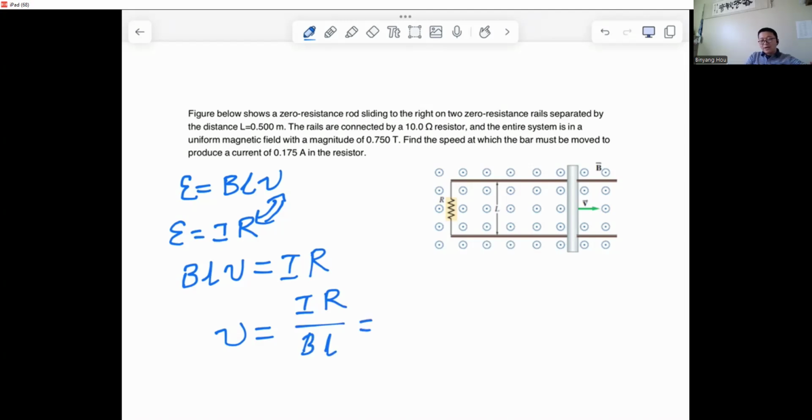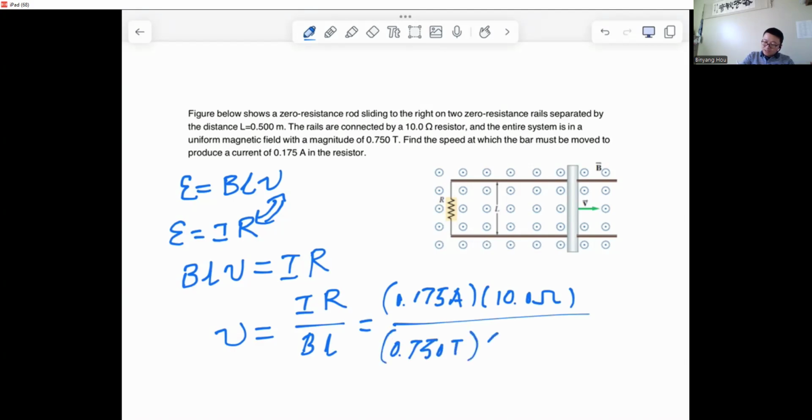And we have everything we need here, so we can solve for V. Just plug in numbers. I is given as 0.175 amps. Then R is 10 ohms, divided by the B field, 0.750 tesla, times L, 0.5.